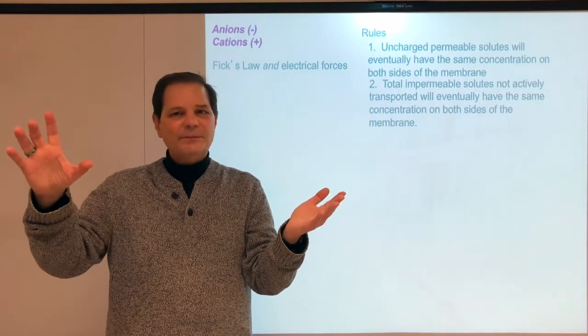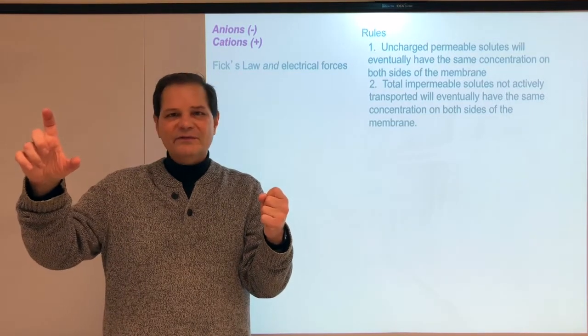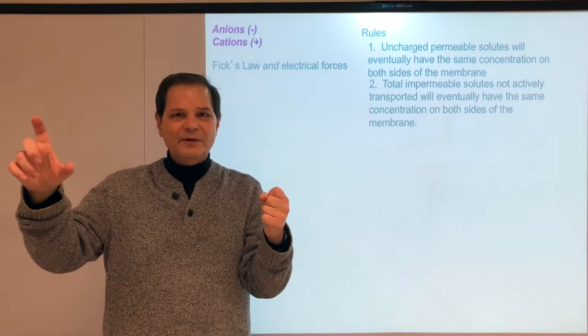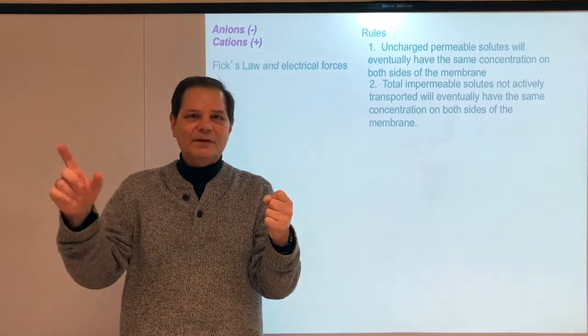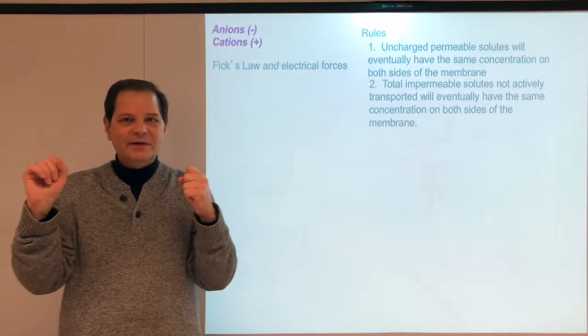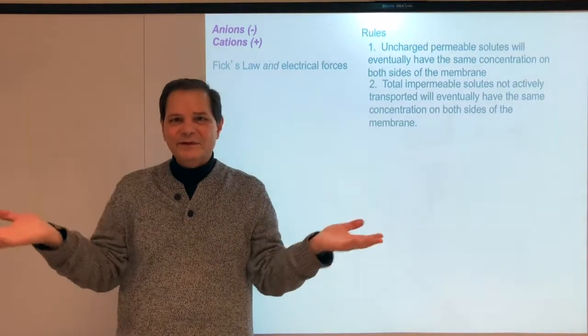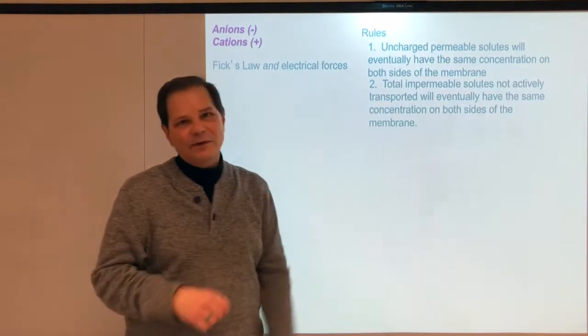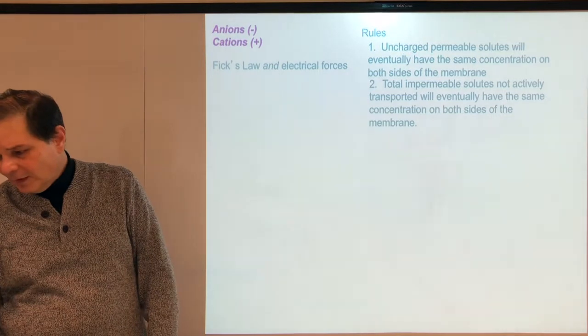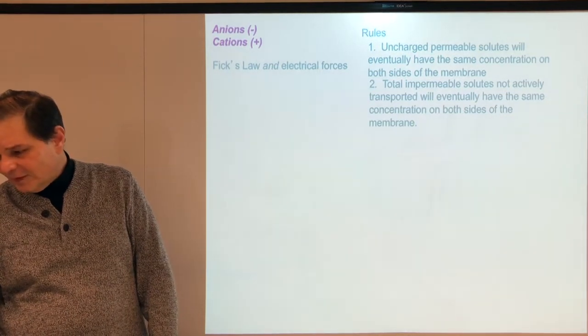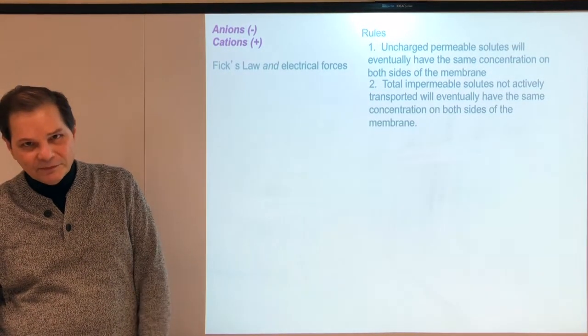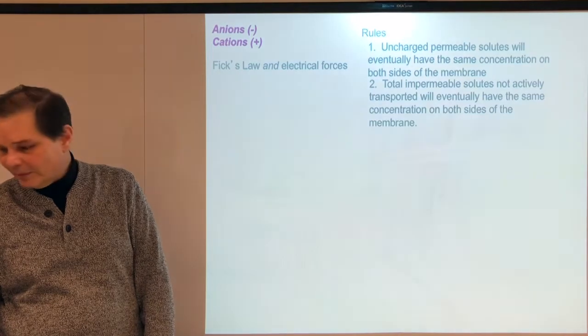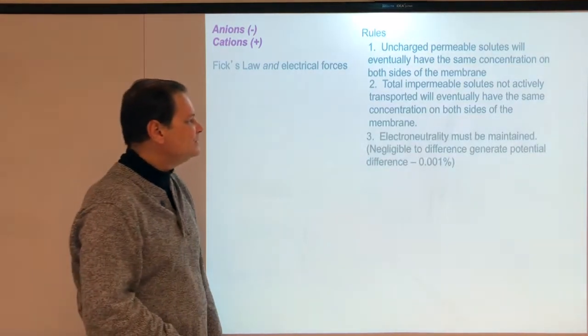So the total concentration of substances, the osmolarity, will eventually be the same. And the reason is because water will move until it is the same, okay? So we will have the same osmolarity on both sides of the membrane if you have impermeable solutes present. You guys remember that torture from HDHR.